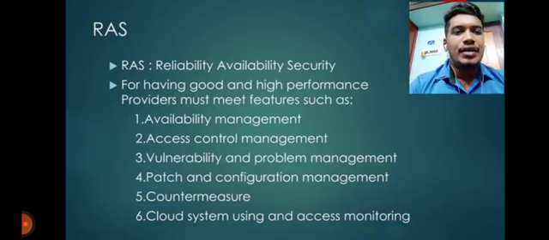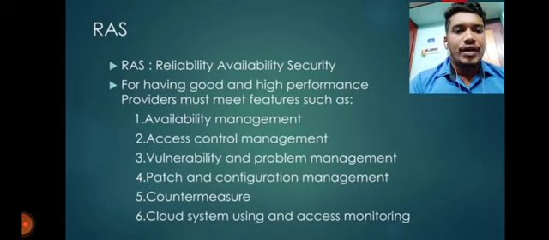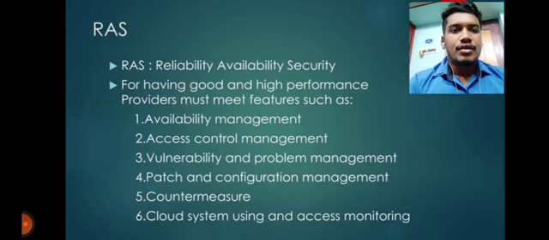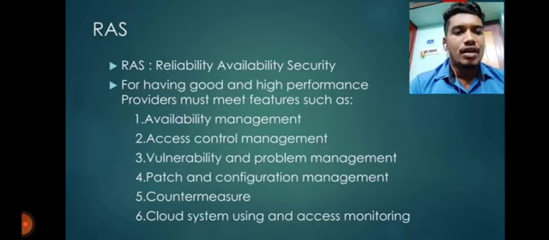RAS: reliability, availability, security. These are the most important things in cloud computing. It provides the cloud to secure the data in the server. For good, high performance, a provider must meet features such as availability management, access control management, vendor availability, problem management, patch and configuration management, countermeasures, and cloud system usage and access monitoring.